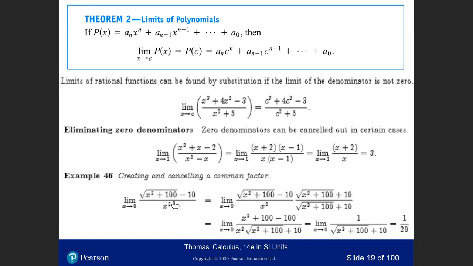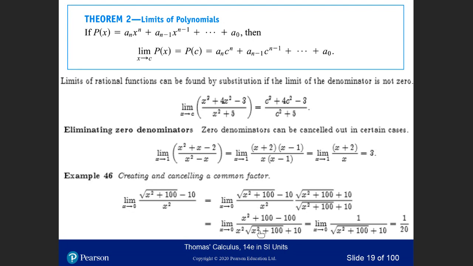So what I do is I multiply this expression by 1. If you remember the constant multiple rule, the limit doesn't change. So I multiply by the square root of x squared plus 100 plus 10, and also divide by the same number. So that is equal to multiplying the expression by 1.